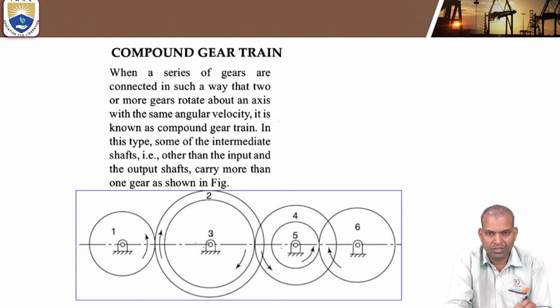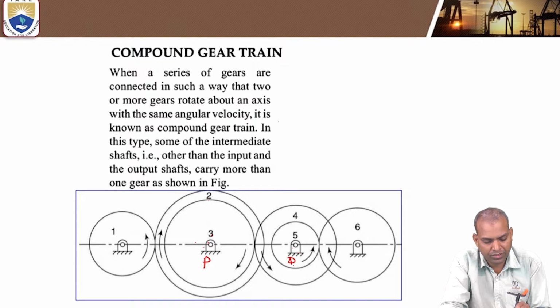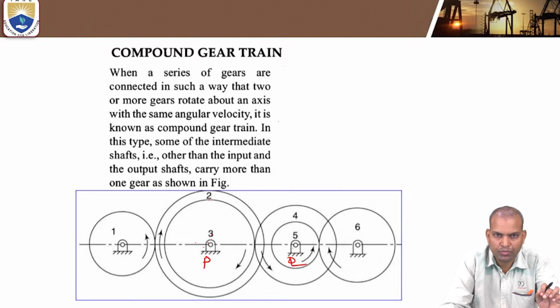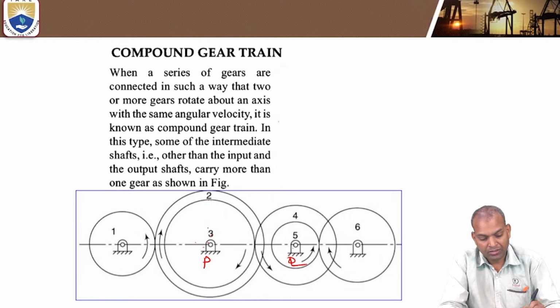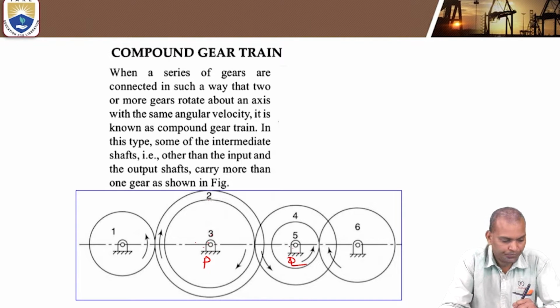Suppose this shaft is P and this shaft is Q. Shaft P and shaft Q have more than one gear. 2 and 3 are mounted on the same shaft P, and 4 and 5 are mounted on the same shaft Q.